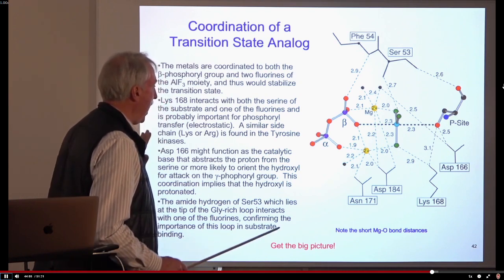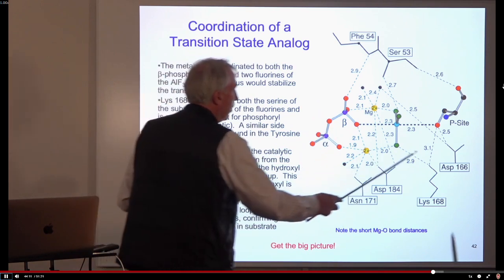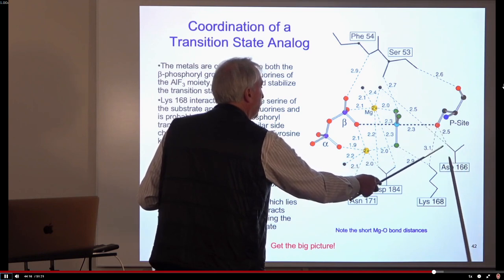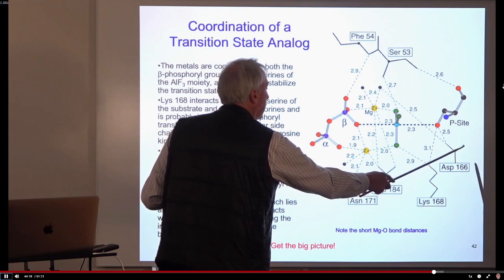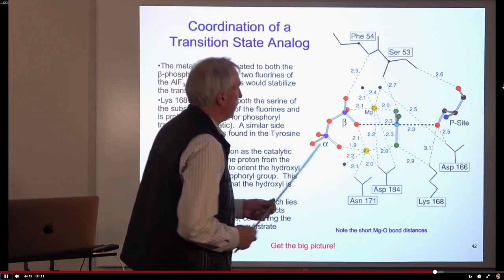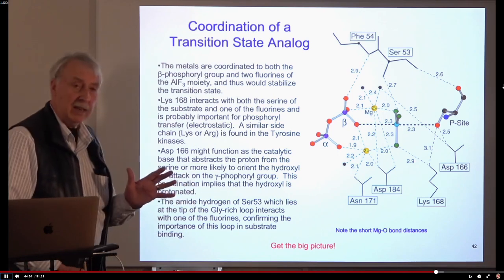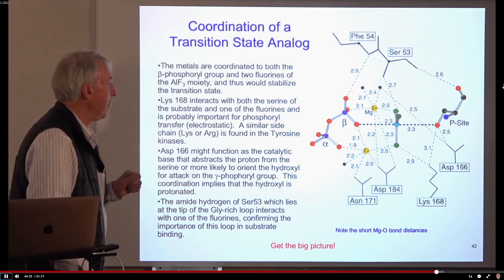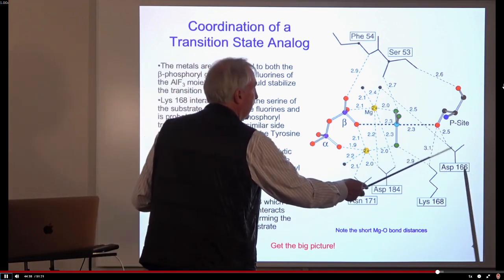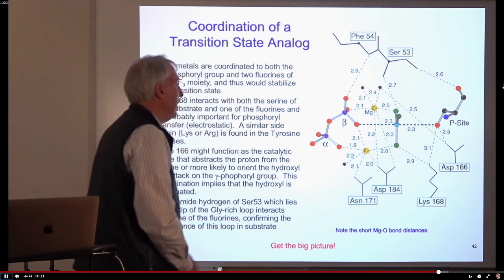Now, if you look a little bit further away, apart from the fact that there's lots of coordination, you'll notice that the serine moiety is in close proximity to the aspartate 166. This is almost certainly protonated, so this is a hydrogen bond. This suggests that aspartate 166 functions as a catalytic base, and were this a normal ATP, you would expect that this would accept the leaving proton from the phosphoryl moiety.